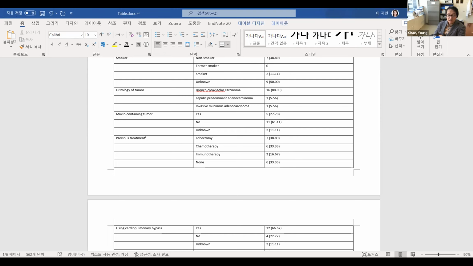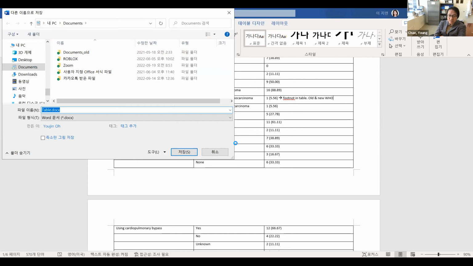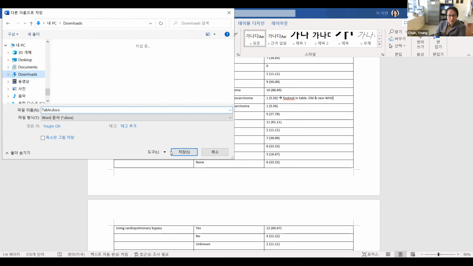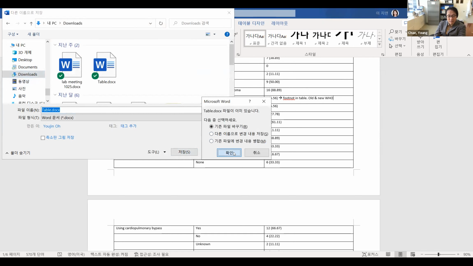The WHO classification, the older version, newer version, just put that in the footnote of the table. Okay. And you should put an asterisk next to the histologies, based on this edition, all that. Yeah.